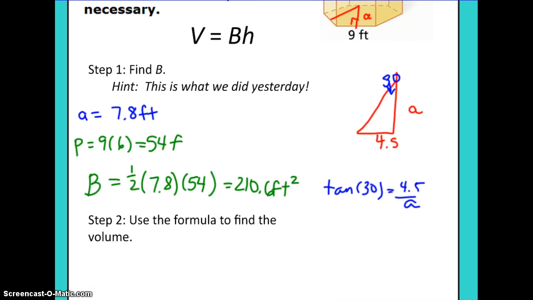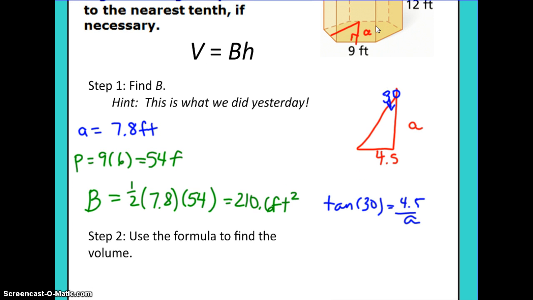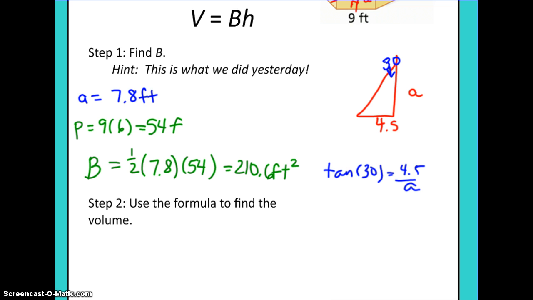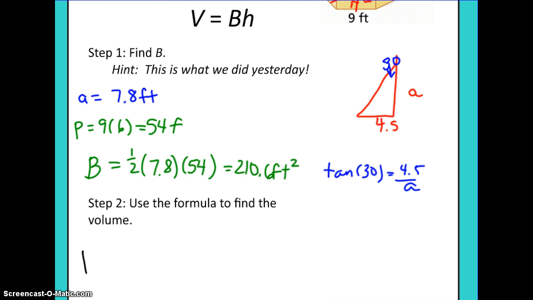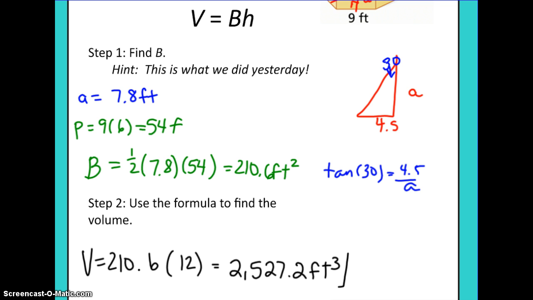Now that's just the area of the base of the hexagon on the bottom of this shape. Now all we have to do is take this number and multiply it by the height. How tall does the prism go? So 12 feet is how high, so the volume will be 210.6 times 12 feet high, which is 2,527.2 feet cubed.